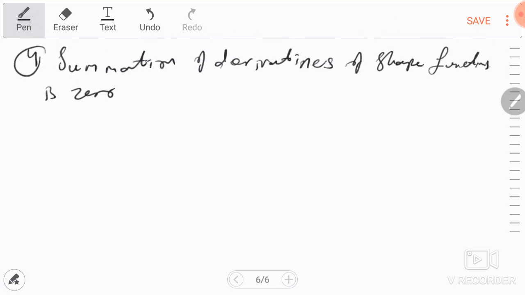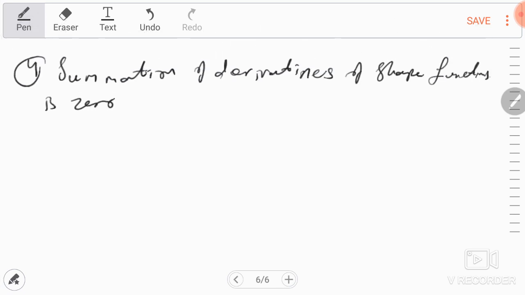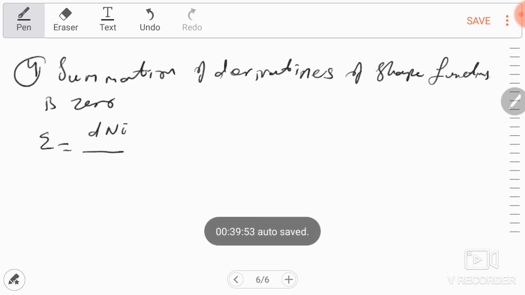Actually in our element we have 1D, and our element is on the x direction, so we will use only this one: the summation equals dNi over dx, the general rule, that means the derivation of the node over the derivation in the x direction.